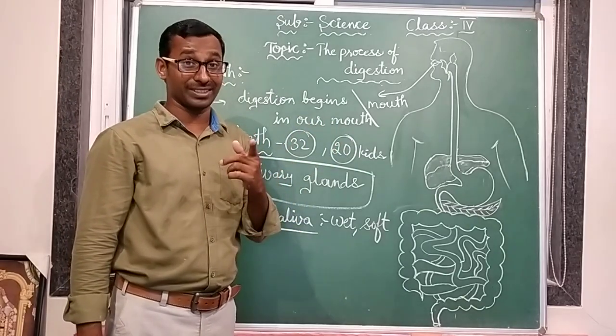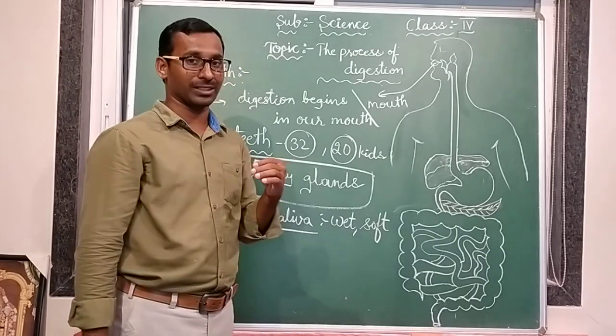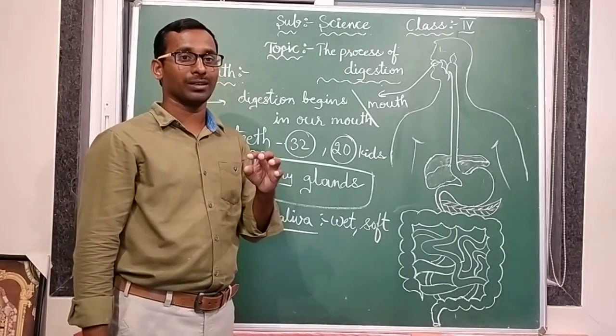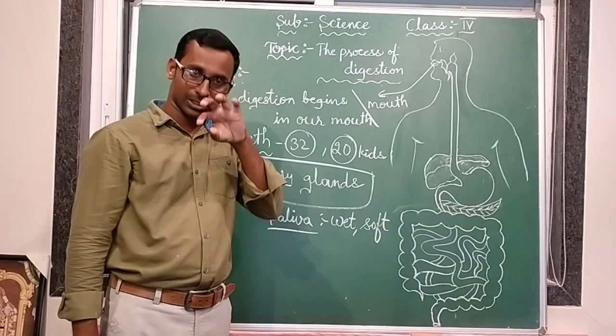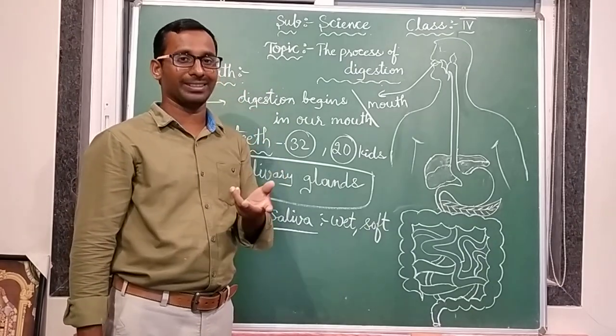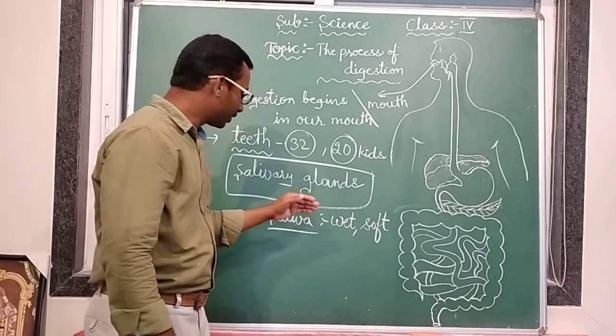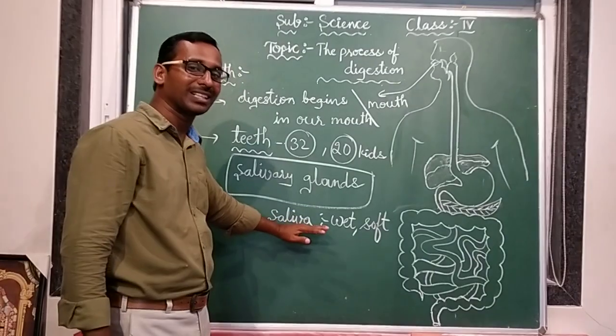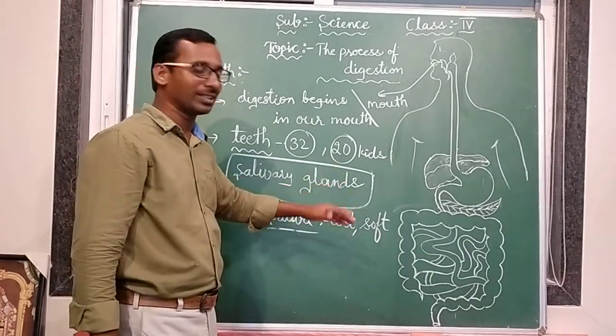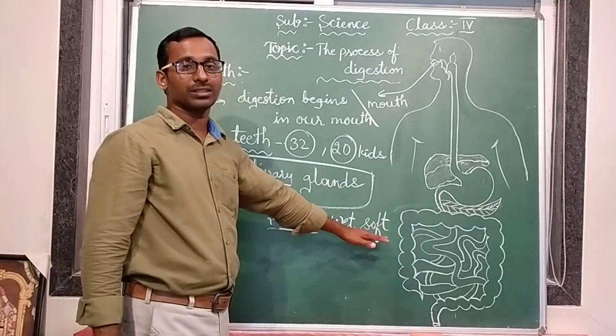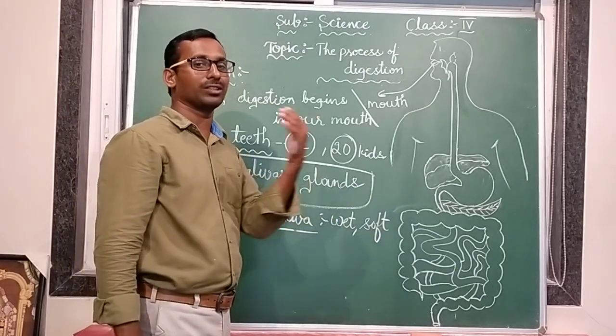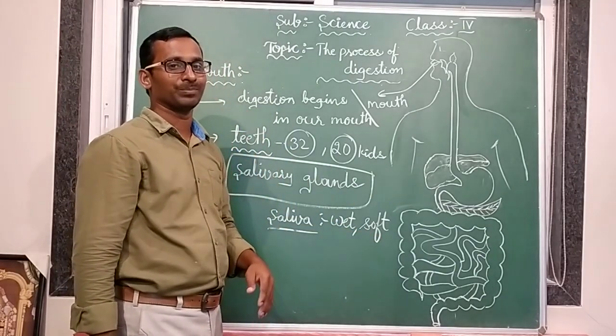So why we are facing that problem is, don't eat fast and don't swallow the food directly. You have to chew the food properly, then swallow it. When we chew the food properly, saliva mixes with the food equally and makes the food wet and soft. Then if you swallow, it goes easily inside.